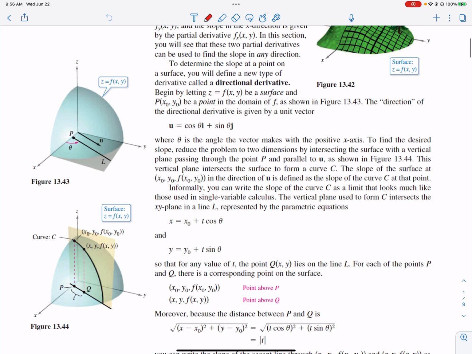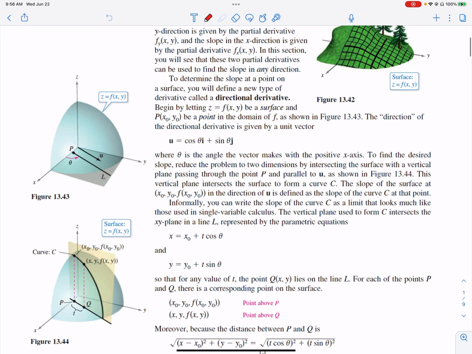So again, what we're doing, let's grasp this. We're going to have a point on our curve. Here, they picked a point right here, and they said, hey, we want the derivative, but we want it in the direction of this vector above here. We want it in that direction. So what they're trying to do is find a tangent line in the direction of u off of that curve.